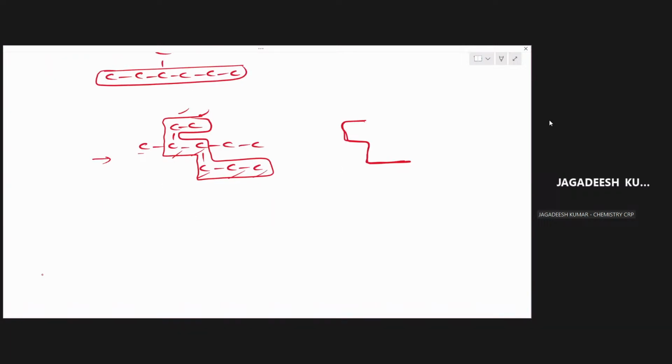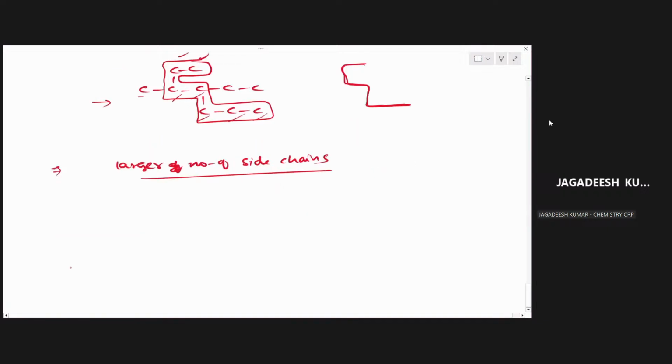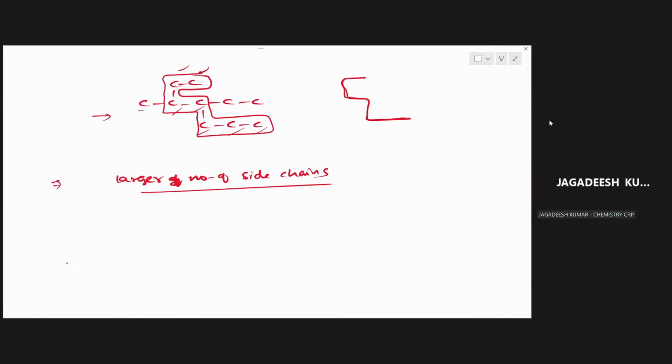Next, one more point here. You have to select the larger number of side chains. What is the meaning of larger number of side chains? I will give an example and you will get clarity. In a few structures, two possible chains are there, with the same number of carbon atoms.